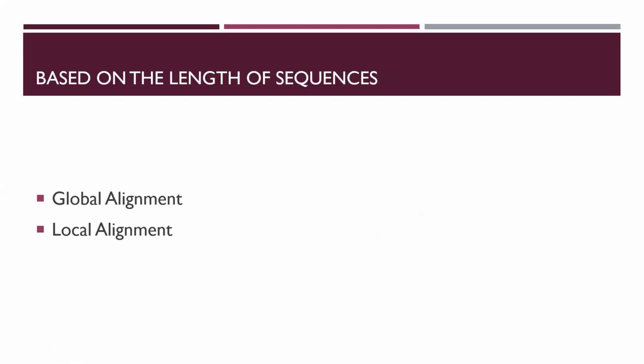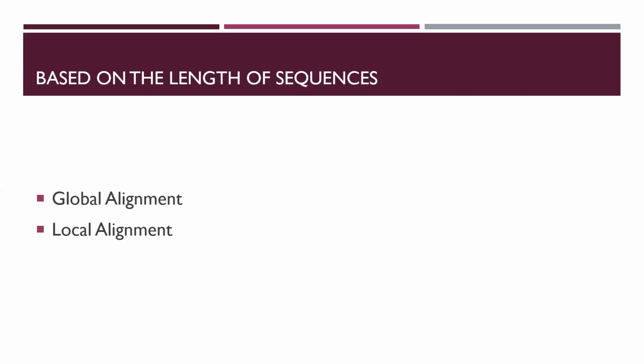So there are also types of alignment based on the length of the sequences: global alignment and local alignment. What is global alignment? In global alignment, sequences are aligned or compared along their entire length.